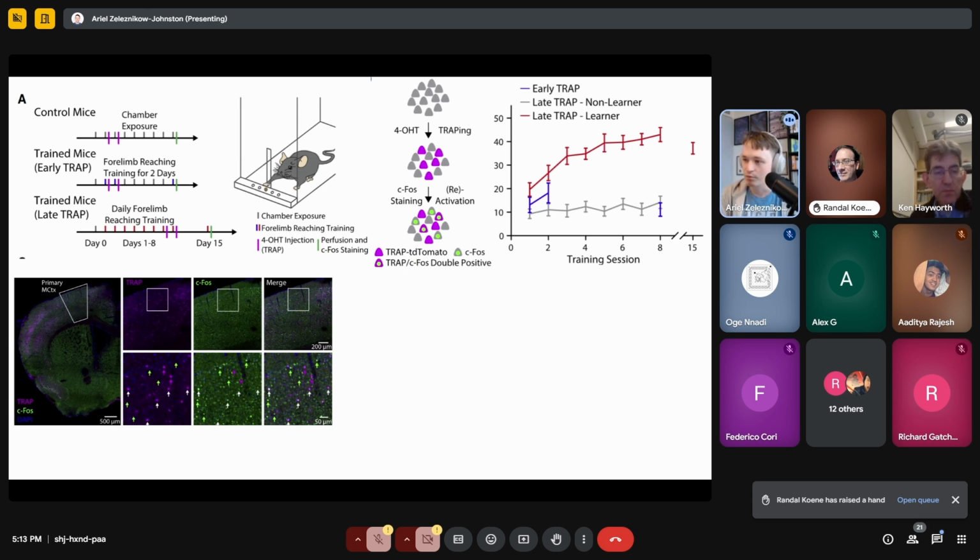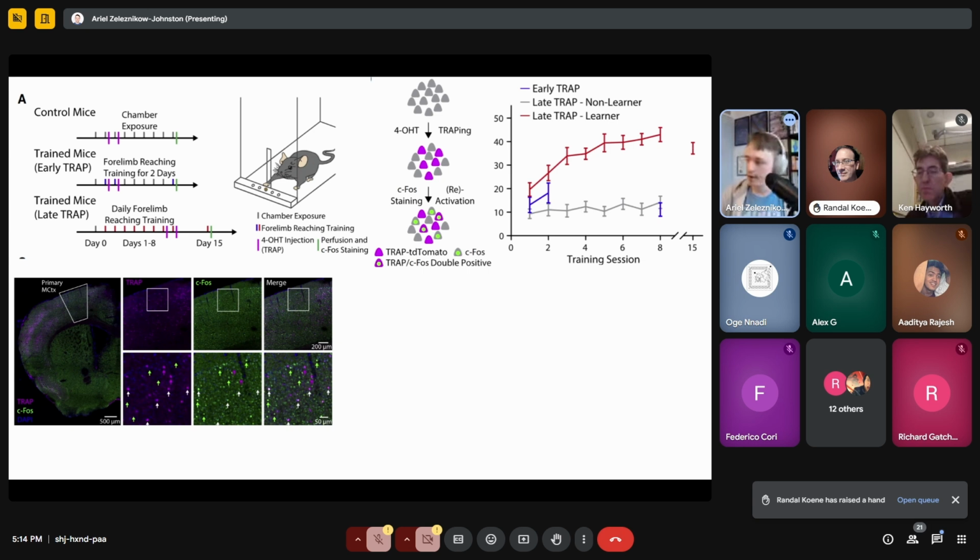And then you can see the merge of the two, where there's some overlap, on the right. I think the little green arrows in the bottom ones correspond to cells with just cFos expression. The pink ones are just ones with TRAP expression. And the white arrows are those that have both cFos and TRAP expression. I point that out because they're going to use that labeling system a few times throughout the paper.